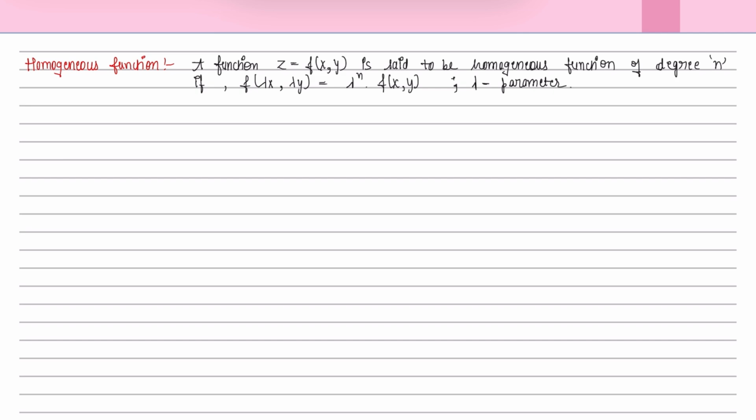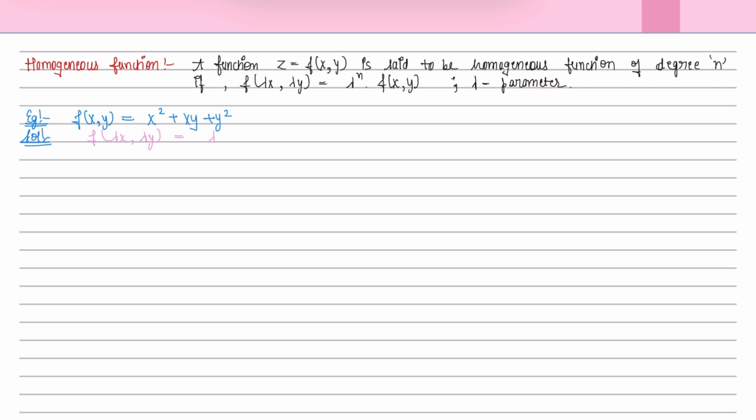Let us try to understand this definition with the help of an example. The function f of x comma y is x square plus xy plus y square, and we need to check if this is a homogeneous function or not. For that, we will multiply x by lambda and y by lambda.